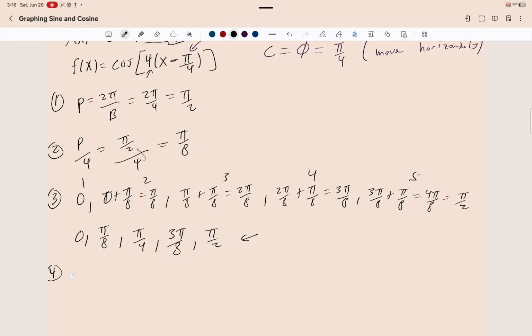So doing it here, it's going to be 0 plus pi over 4, pi over 4 plus pi over 4. And then we're going to take 3 pi over 8 plus pi over 4. Then we're going to take pi over 2 plus pi over 4.